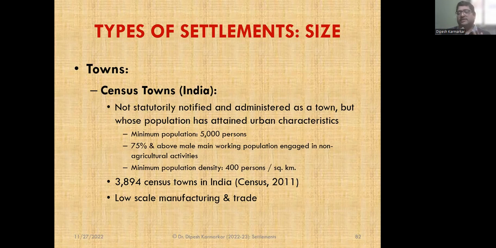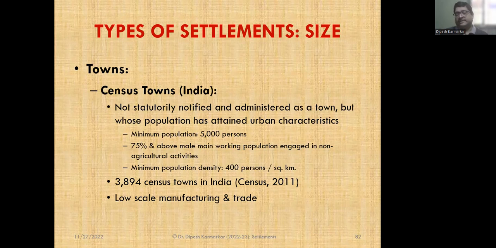A settlement which has more than 5,000 persons, or a settlement in which 75% or more of the main working population is engaged in non-agricultural activities, or a settlement having a minimum population density of 400 persons per square kilometer is considered a census town.